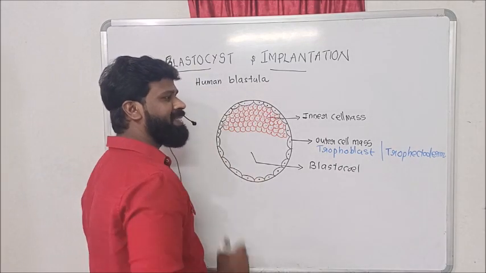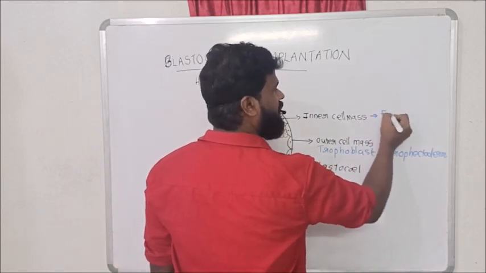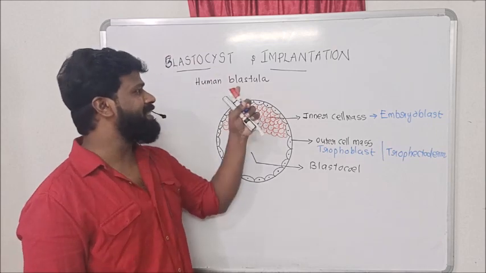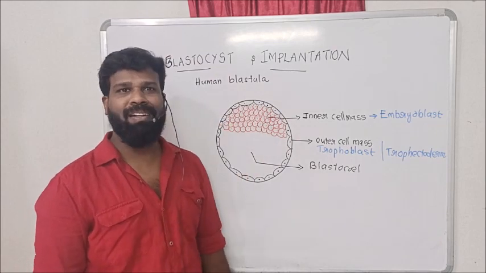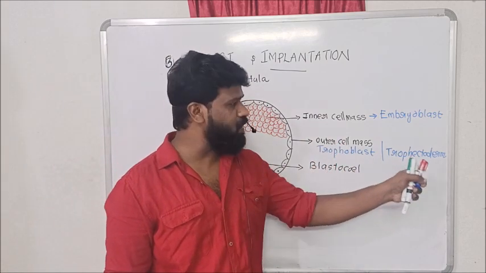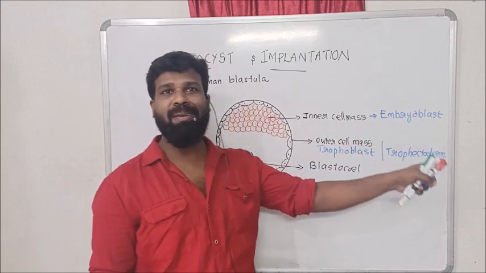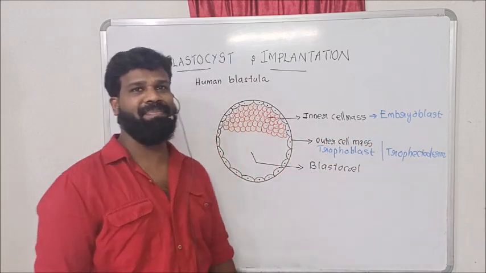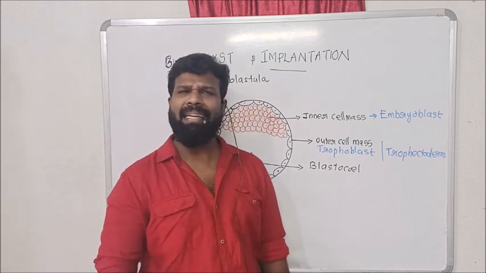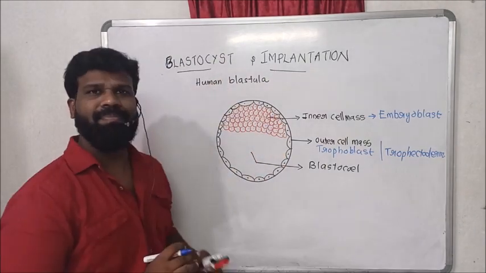And this group of inner cell mass is called embryoblast. So this is the structure of human blastula. It contains the outer cell mass called trophoblast or trophectoderm, and a group of inner cell mass called embryoblast.